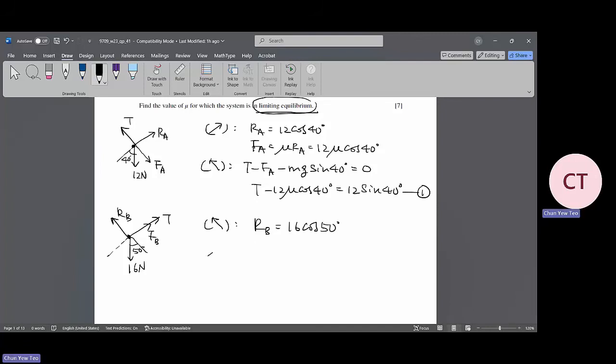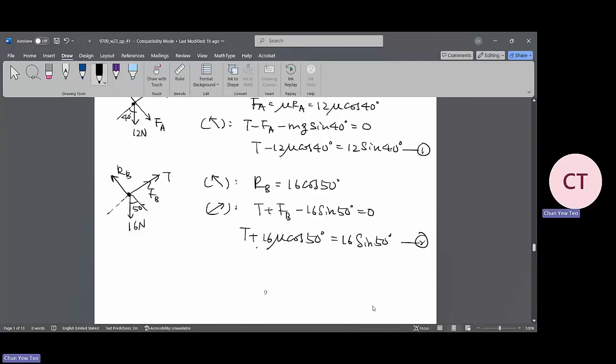So if you resolve it this way, you will get T plus FB minus 16 sine 50 is equal to 0. Your FB is mu RB. Okay, so we form equation number 2.